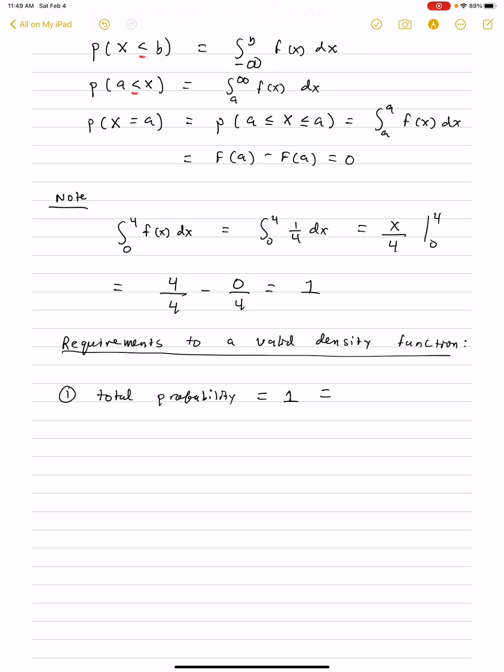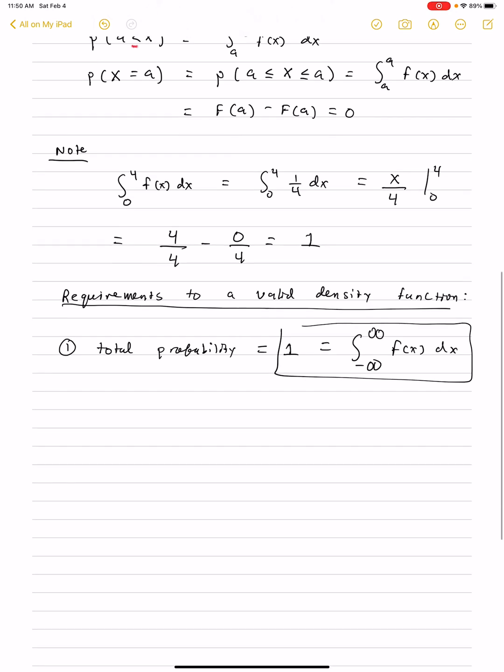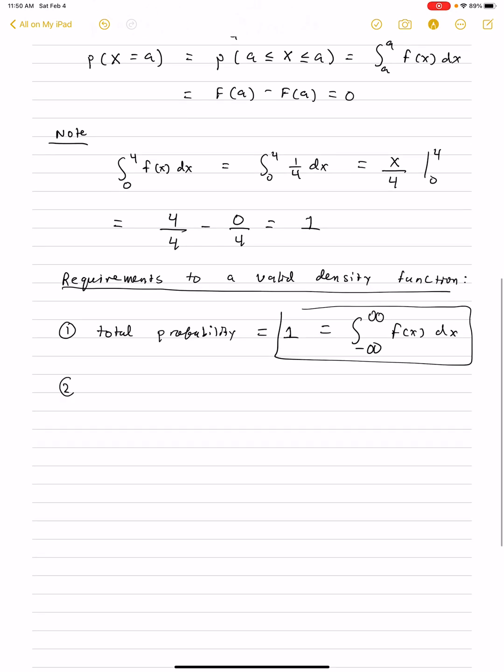But total probability is just given by this integral. And this is what you'll see most commonly. Okay. The second requirement is as follows. Only positive probability.